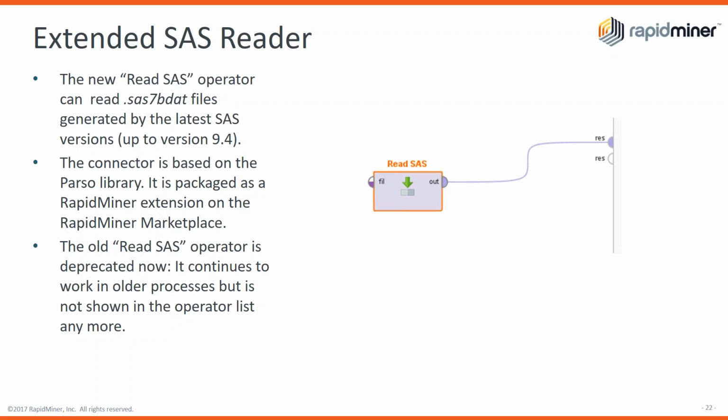SAS changed the way they write these files, so now we have adapted. What we can do is not reading the models, we are reading just the data that you can write using SAS. So this is interesting for people who have SAS in their company, which is usually quite a lot of people.